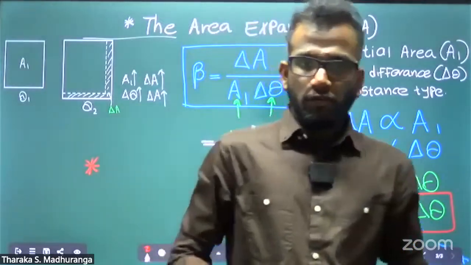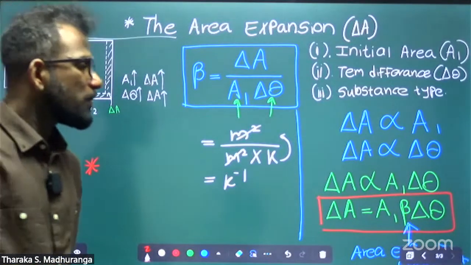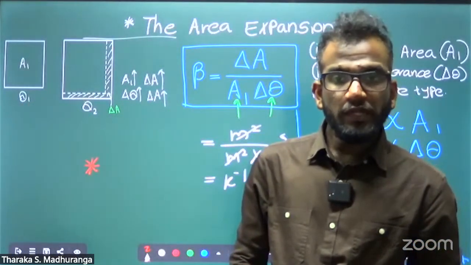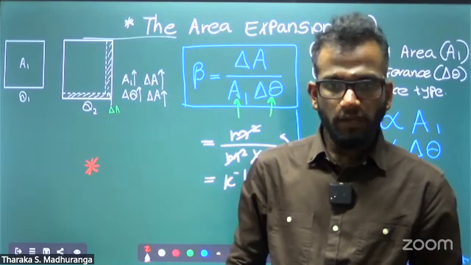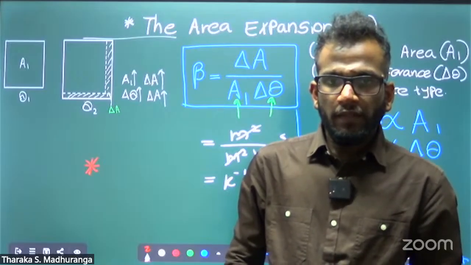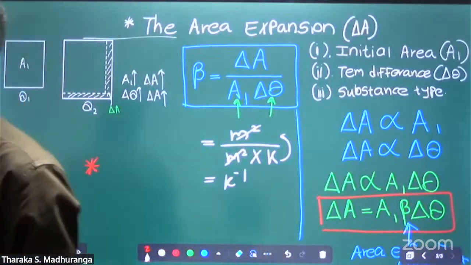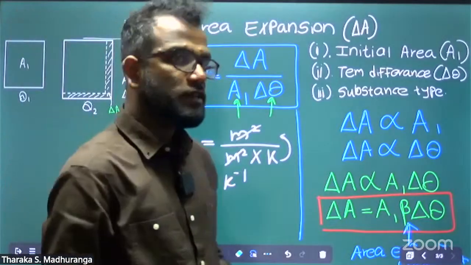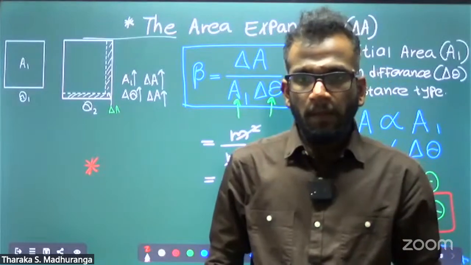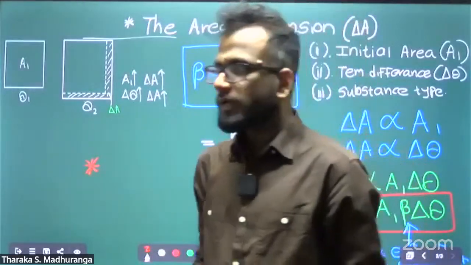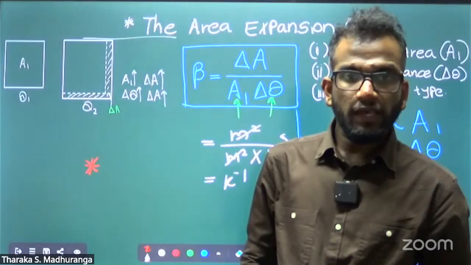When we increase the temperature by 1 degree of unit area of any substance, the area expansion amount of the substance is called the area expansion coefficient.